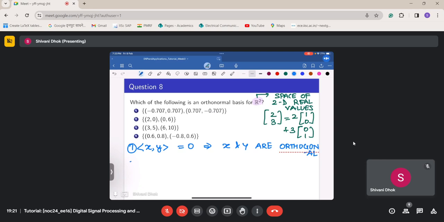But if x comma y is equal to 0 and x comma x is equal to y comma y is equal to 1, that is the norm square is 1, so each has unit norm, and they are orthogonal, then such vectors are known as orthonormal.